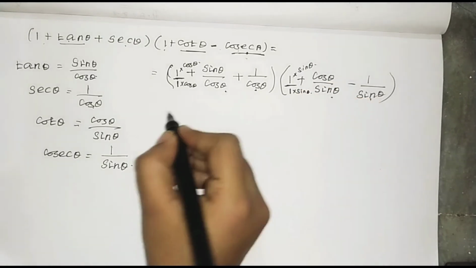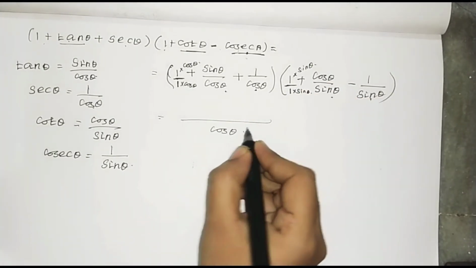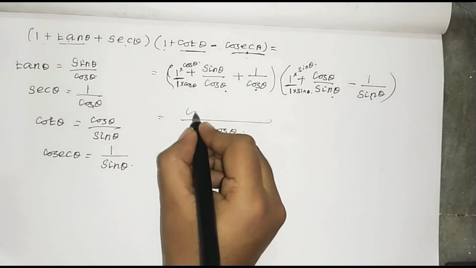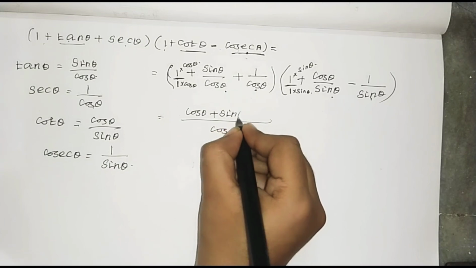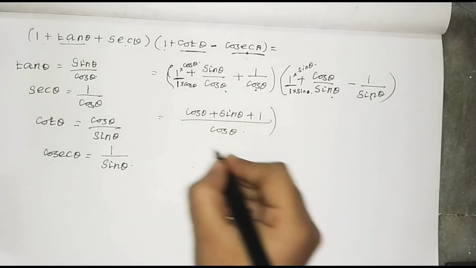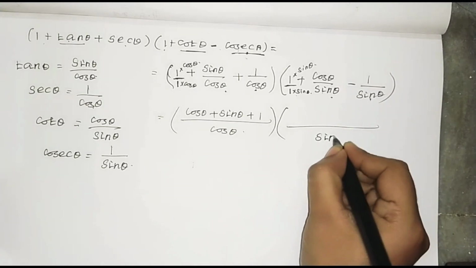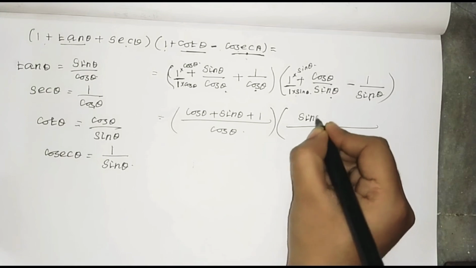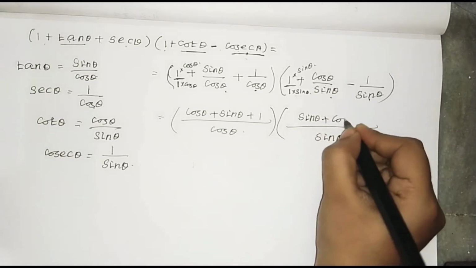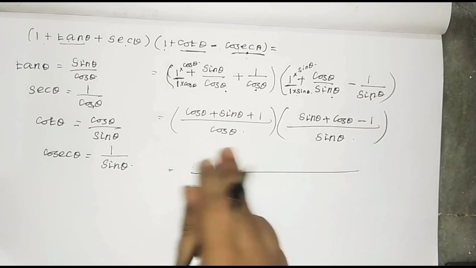Now the denominator cos theta, the numerator 1 into cos theta plus sin theta plus 1. Here the denominator sin theta, 1 into sin theta plus cos theta minus 1. So this step is very important.